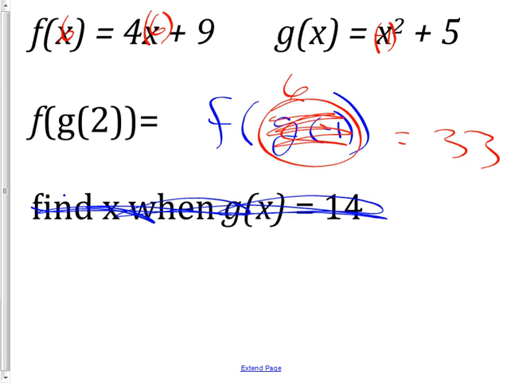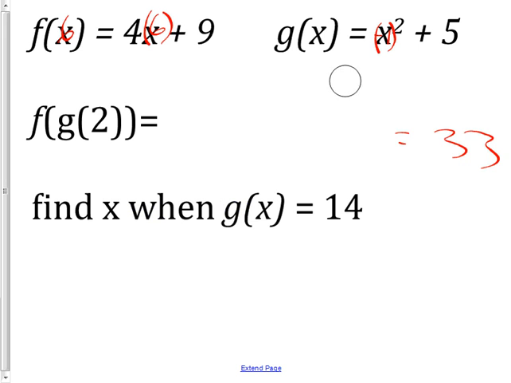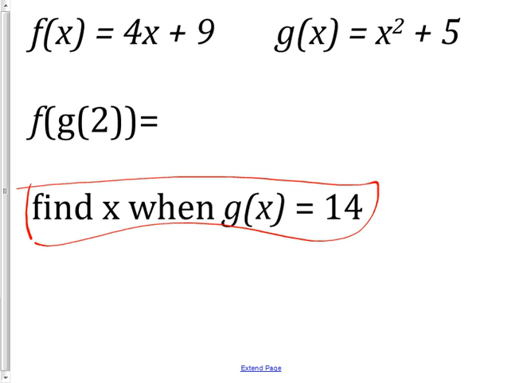Now is a medium hard question. One of those kind where they're not telling you x, they're telling you y. But in this case, they're saying g of x is 14. Would you use your iPad, write that equation out correctly with g of x being 14, and then solve it?